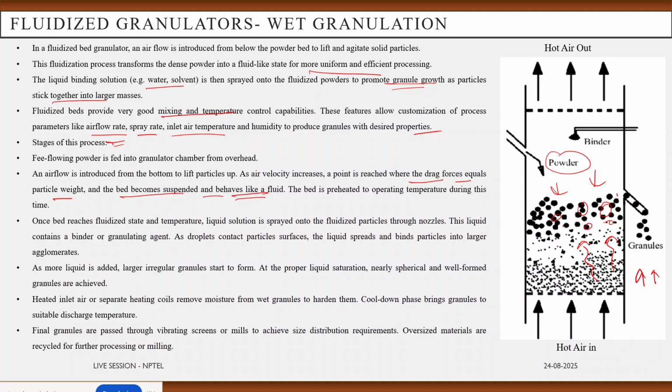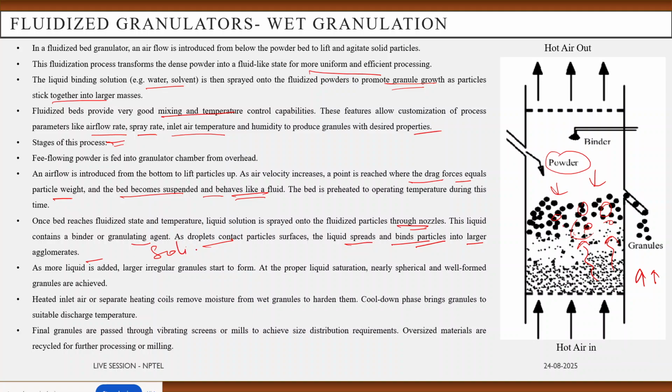Once the bed is in the fluidized state and has reached the desired temperature, the liquid solution will be sprayed onto the fluidized particles through the nozzles, and this liquid contains binder and any kind of granulating agent. As the droplets contact the solid particles inside the granulator, the liquid spreads and binds particles into larger agglomerates.